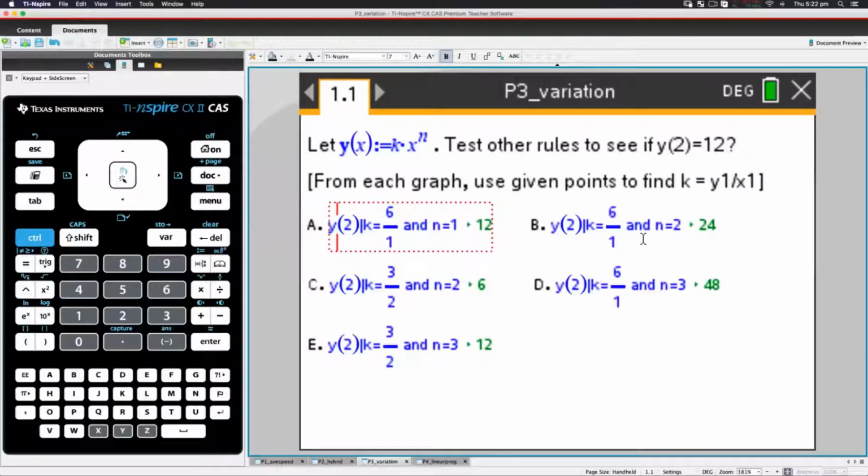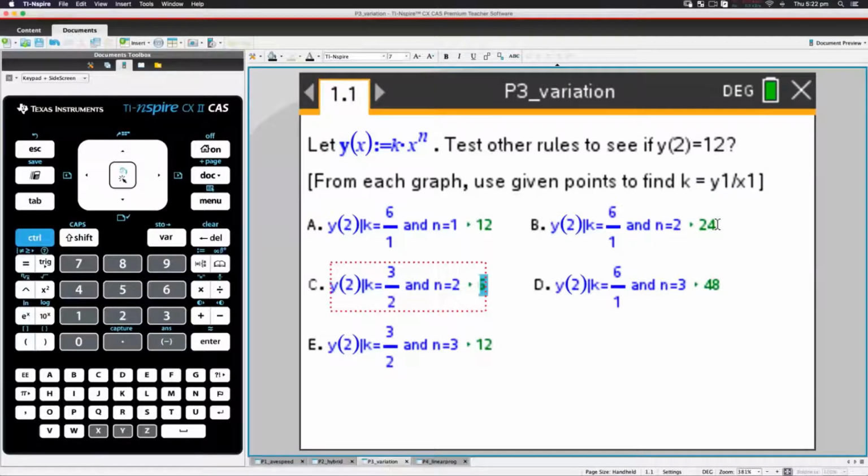Using a similar strategy, you can discard B and graph C, which you'll notice in B and C, the n value is 2, that is, it's x squared that y is being graphed against. The point substituted, and no, you don't get 12.